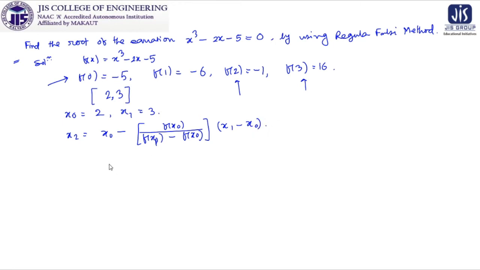So we are now trying to find the tabular representation so that it will be easier for us. From the previous calculation we get that x2 is 2.0588.